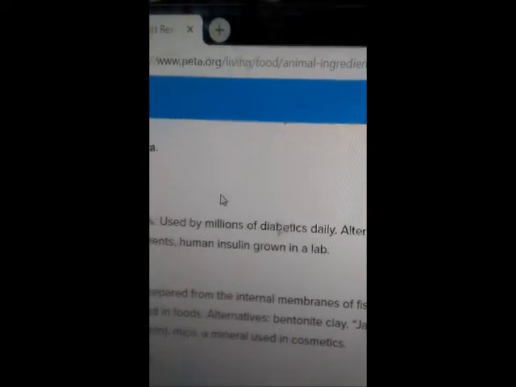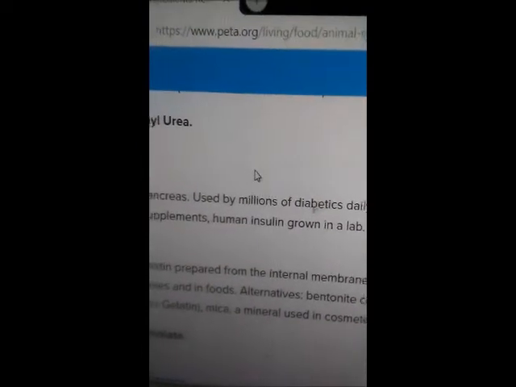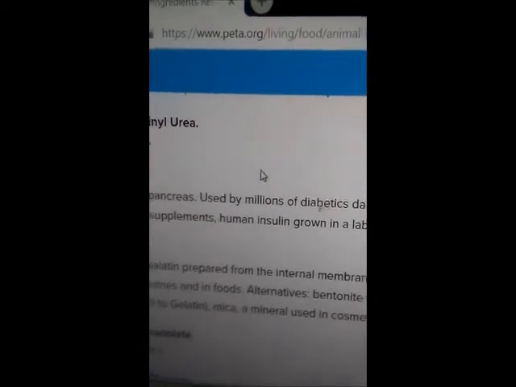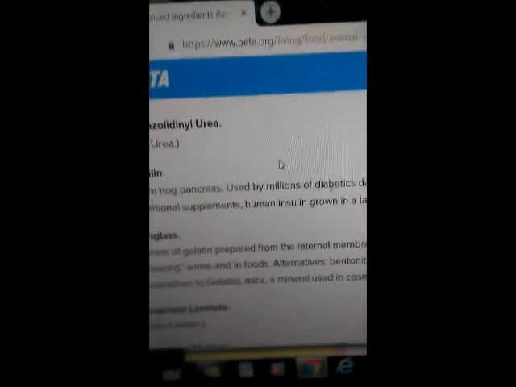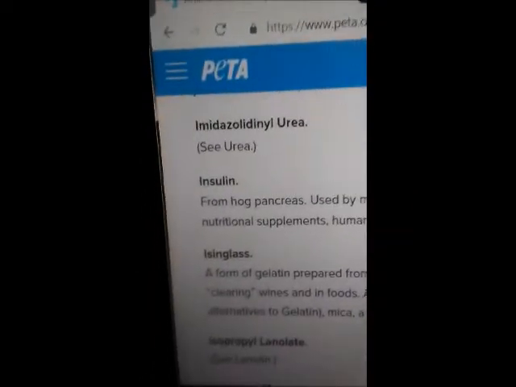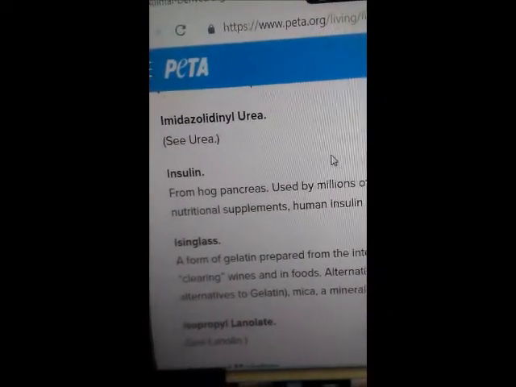It's a substitution that they have, but listen, I'll go with the vegetarian diet and nutritional supplements anytime. And fasting and prayer and all of that. Okay? So, insulin from hog pancreas. Think about that.